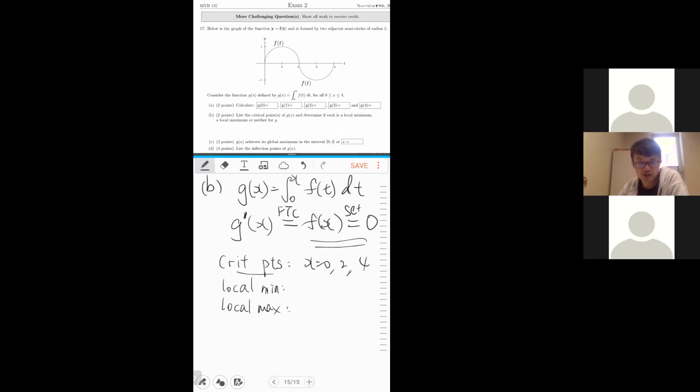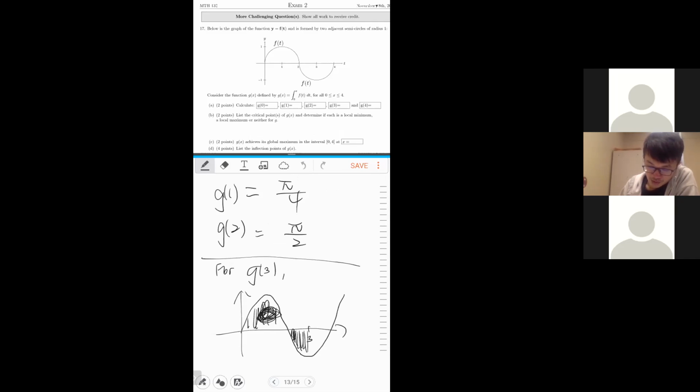Okay, x equals 0 is actually a local min, simply because when you plug in 0 into the function g of x, you get 0. But when you get past 0, g of x increases, right? That's what we computed earlier.